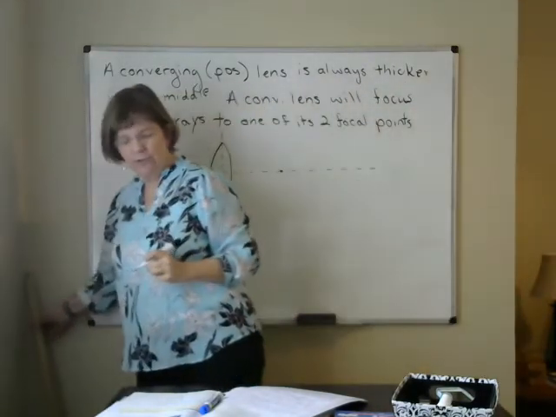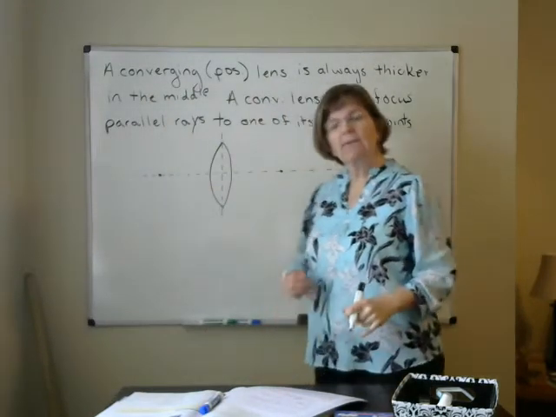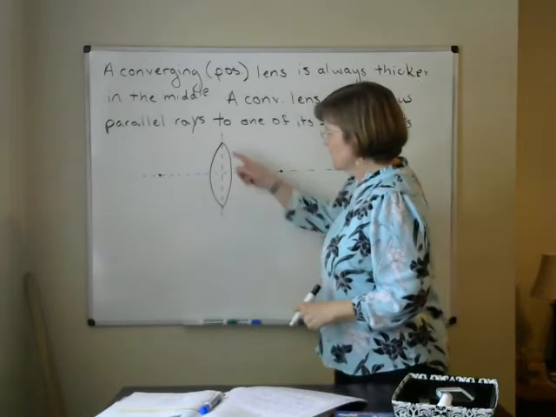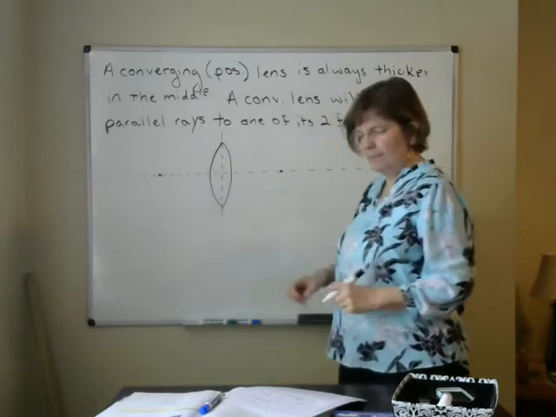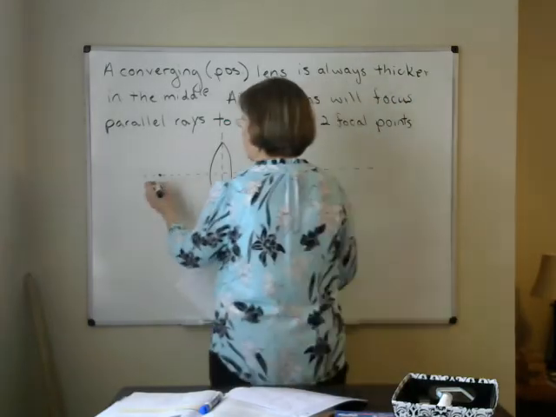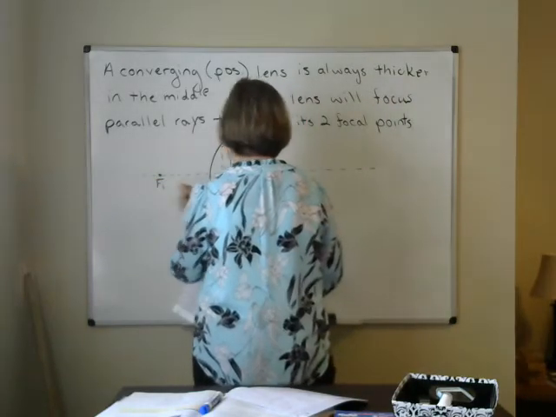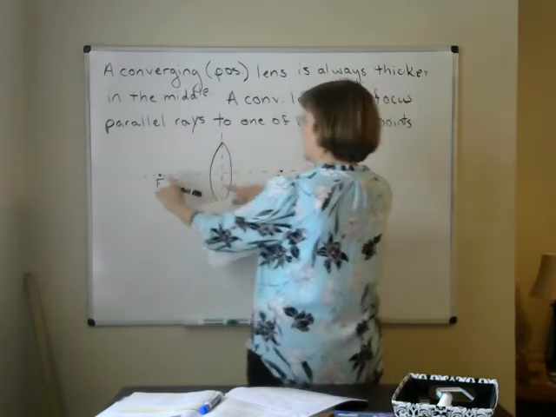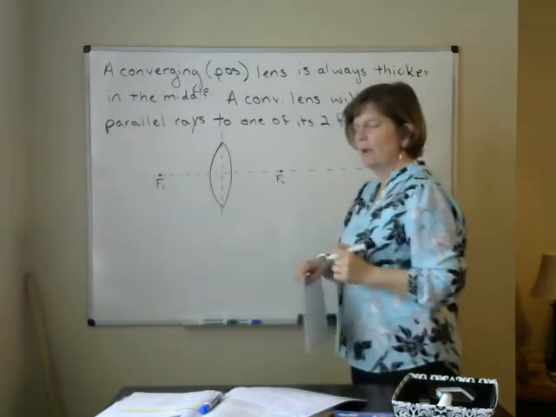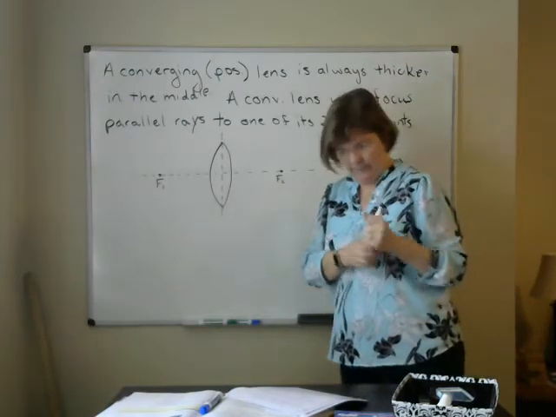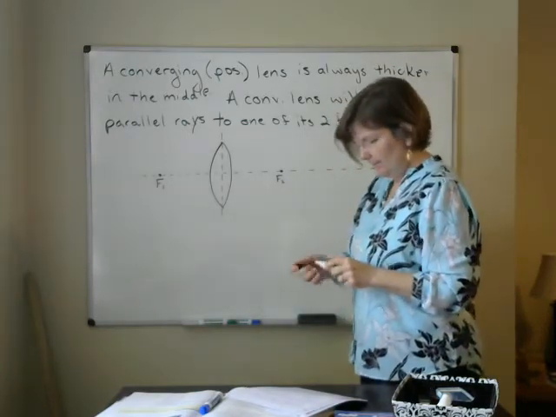We don't have two different focal lengths, even though we do have two different radii of curvature. This one has a lot more curve than that side, but those will be the same. We'll call this one F1. This one's F2. In this case, the focal length I drew was 20 centimeters. It's not really important for what we're doing right now.